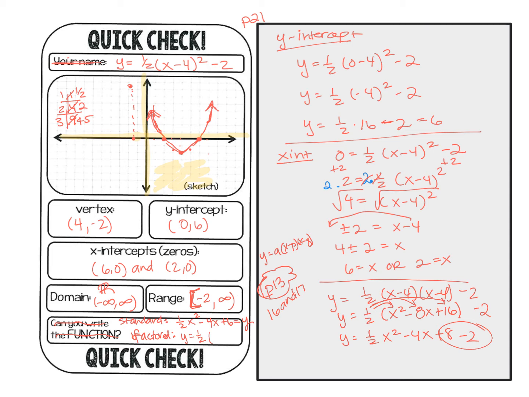So my factors are the opposite of that: x minus 2 and x minus 6. That's so when I set my x minus 2 equal to 0, I would get x equals 2, one of my x-intercepts. And when I set my x minus 6 equal to 0, I would get x equals 6, one of my zeros. So I hope that was helpful for the first problem.